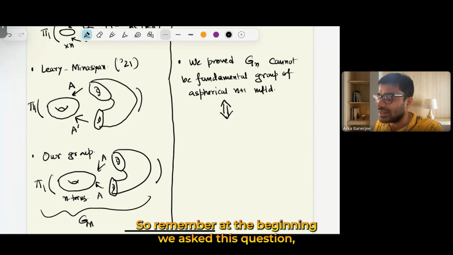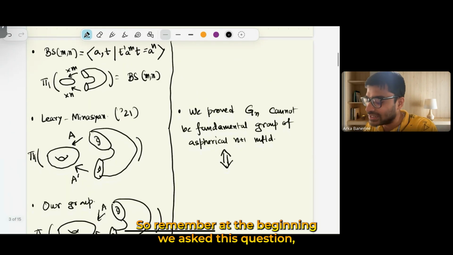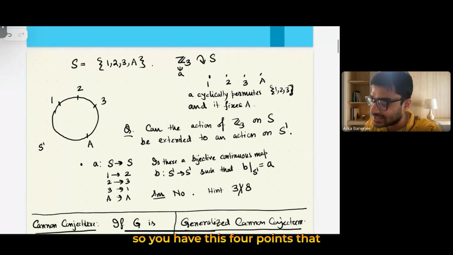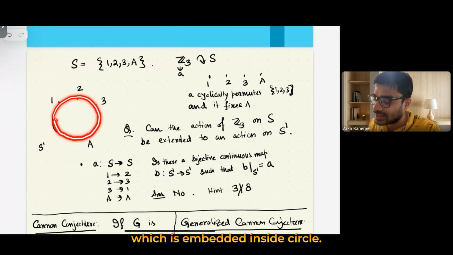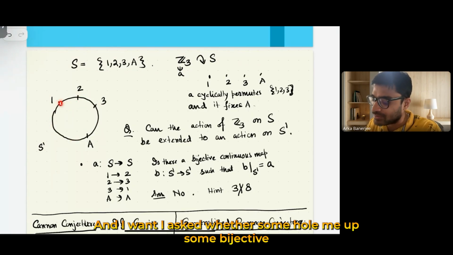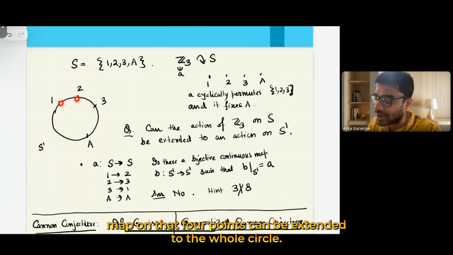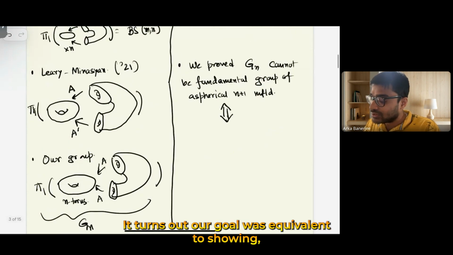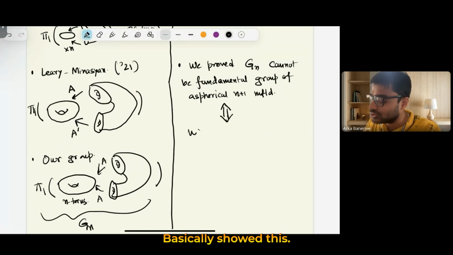Remember, at the beginning we asked this question: you have this 4-point set which is embedded inside the circle, and I asked whether some bijective map on those 4 points can be extended to the whole circle. It turns out our goal was equivalent to showing this.